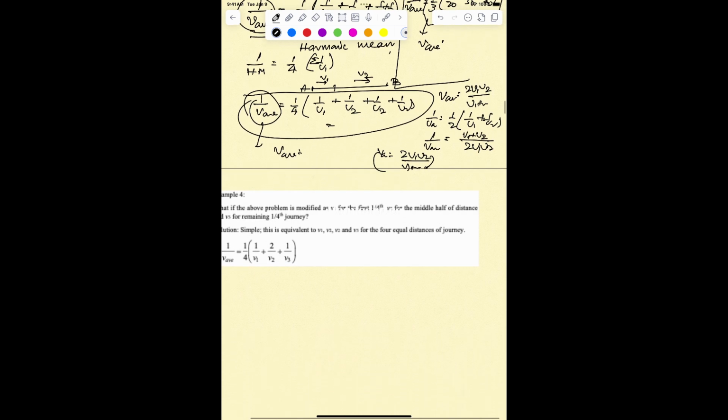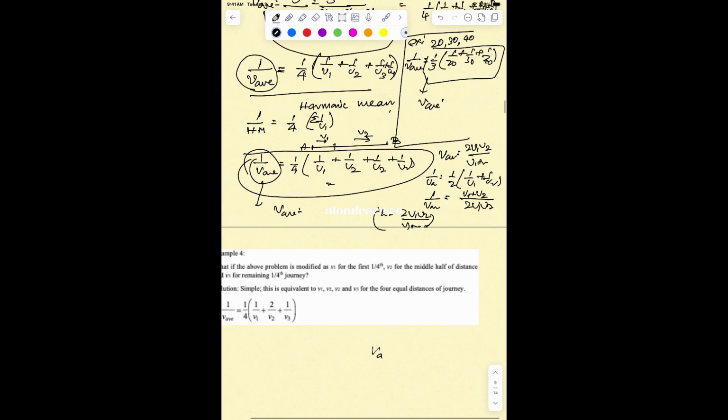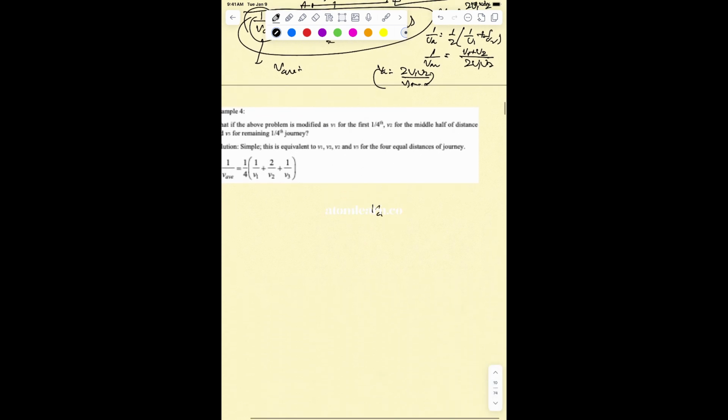Now similarly, if there are 3 breakups of equal distances, then the v average will be equal to 3v1 v2 v3 by v1 v2 plus v2 v3 plus v3 v1, like that.